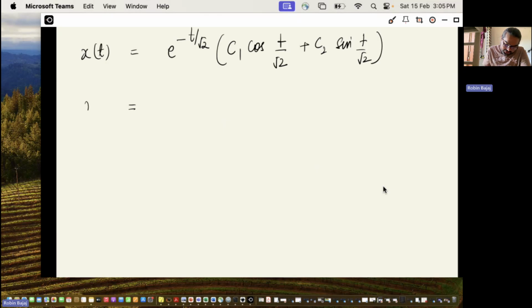Your initial conditions. So one, so that gives you C2S1.